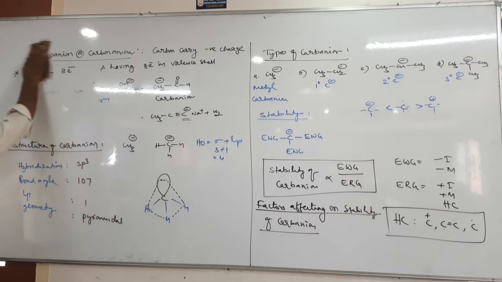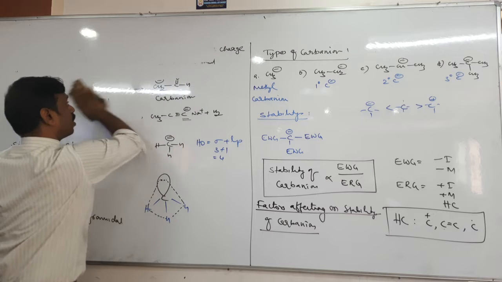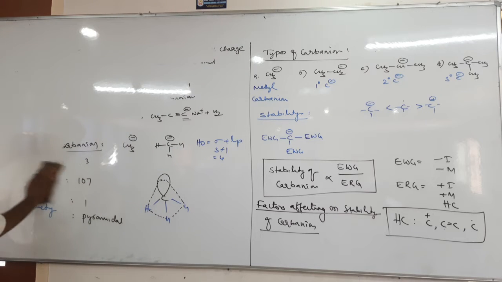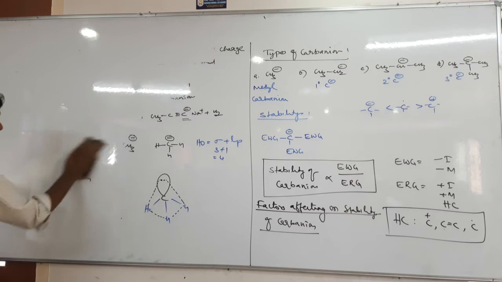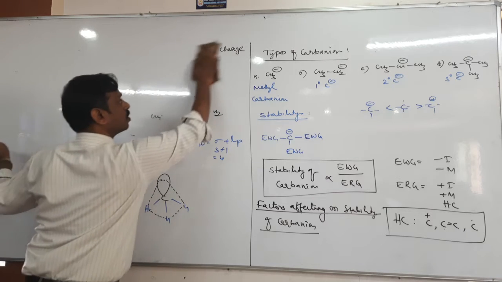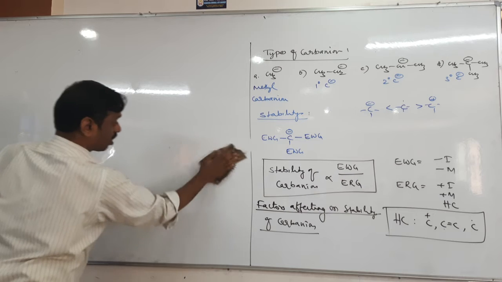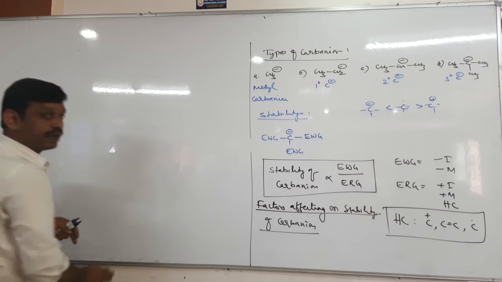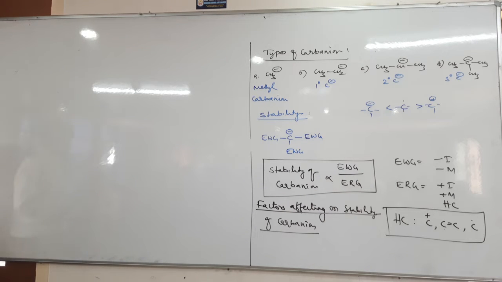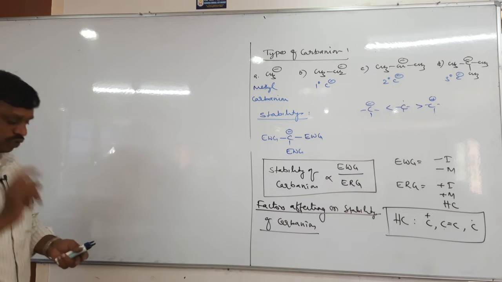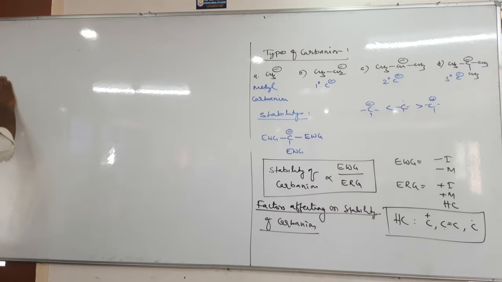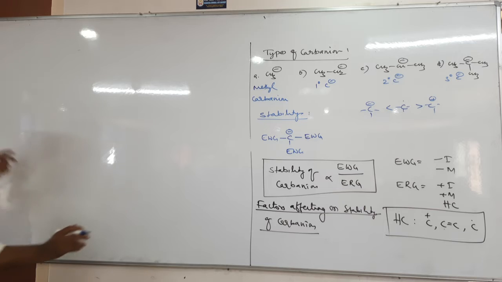Can you tell me, for carbocation which factors we have studied? One, inductive effect, two, resonance, three, mesomeric effect, four, hyperconjugation. So the same factors come here except the last one. Tell me the factors affecting the stability of carbanion.